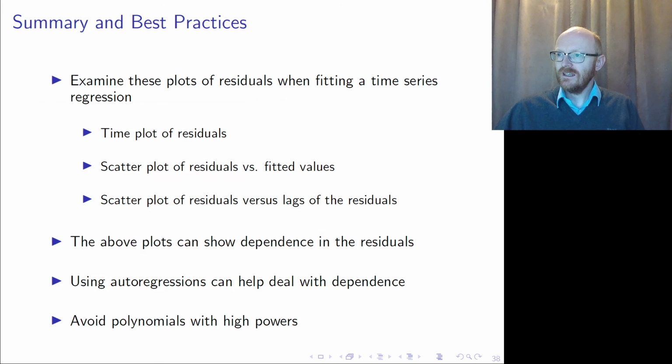So the summary and best practices, it's just to examine the plots of residuals when you fit time series. Okay, so for example, you want to plot the residuals, and a nice way to do that is to use the twoway connected plot of E, that's the residuals on the y-axis, and time on the x-axis.